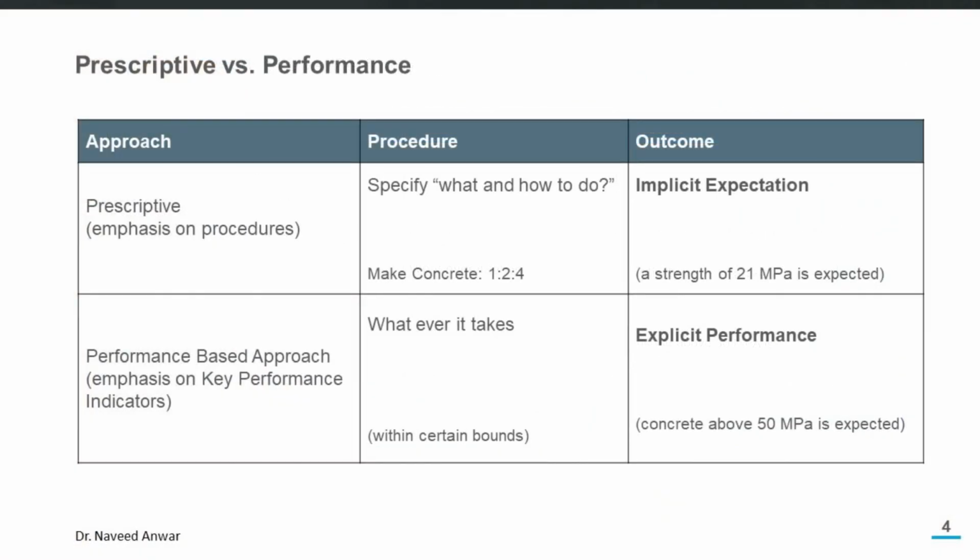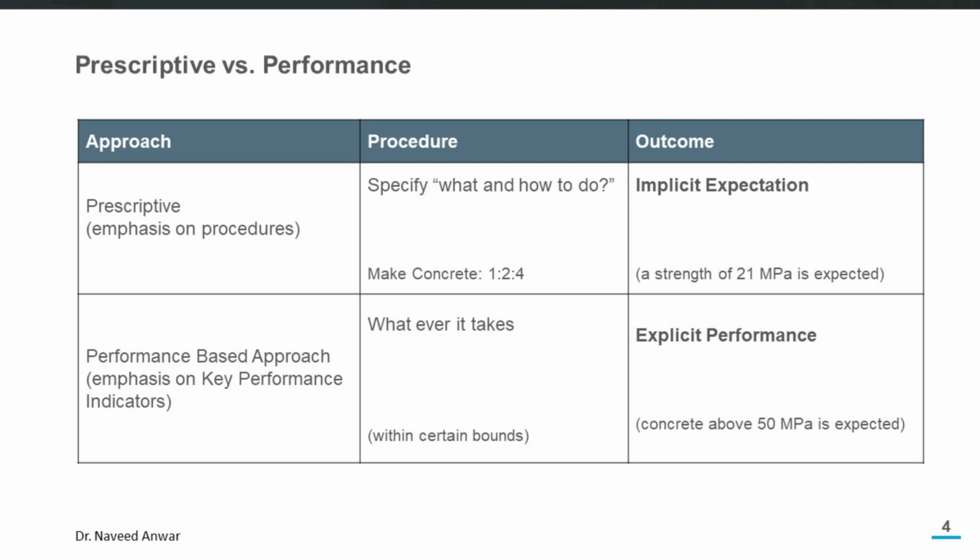So let me give you an example, which takes me back to a long time ago when I started the practice. At that time, a typical way to specify concrete was to write down the proportion of the concrete components, like cement, sand, and aggregate.